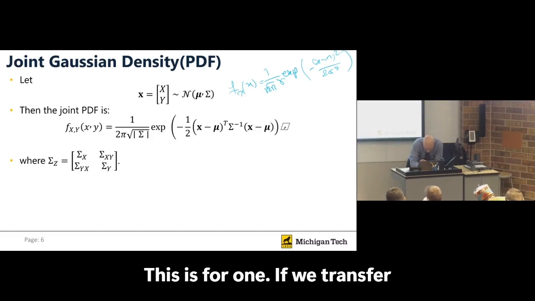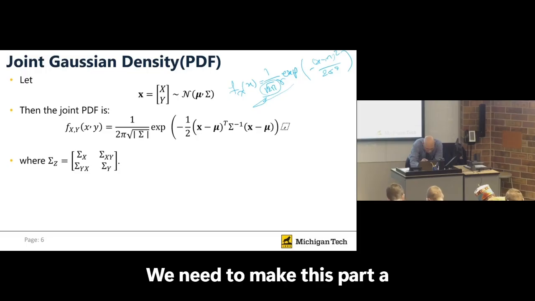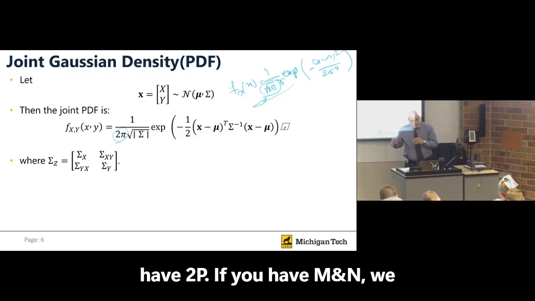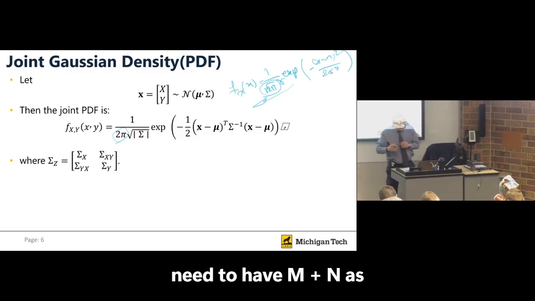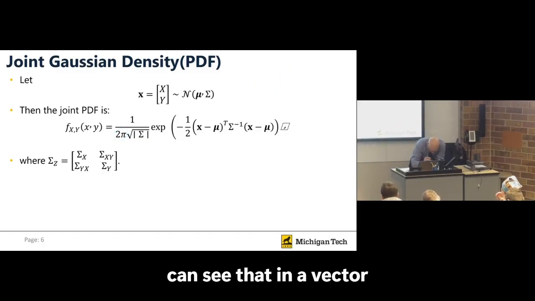This is for 1. If we transfer this to 2, what is going to happen, we need to make this part a square. So that's why here we just have 2 pi. If we have m and n, we need to have m plus n as a power. But we can see that in a vector form.